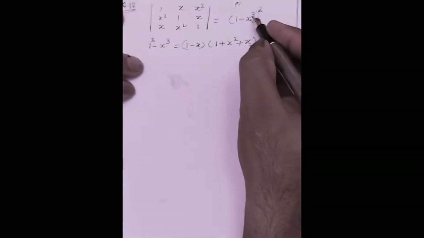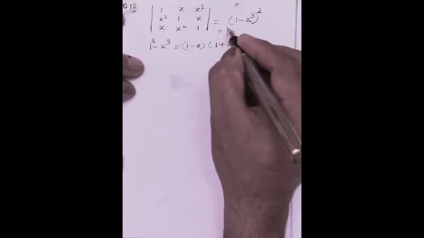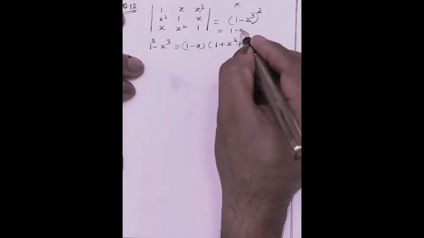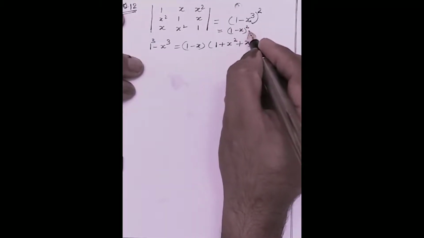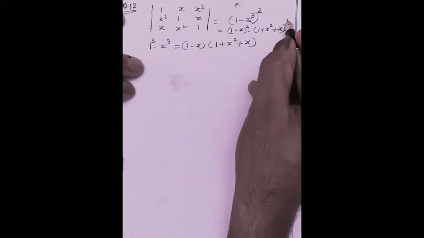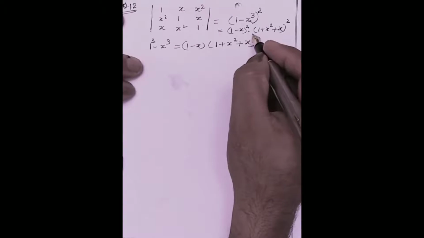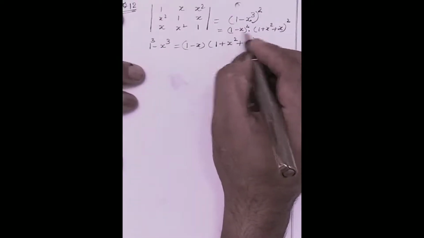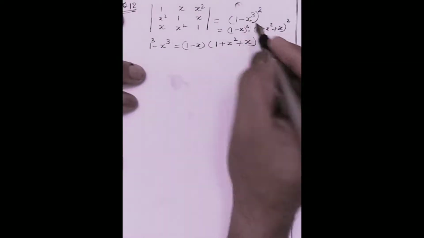That means this is also equal to (1 minus x) into (1 plus x square plus x), whole square. This also can be asked in the examination, that prove this equal to this one or this one.